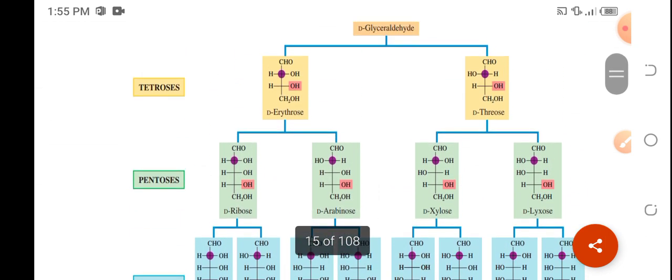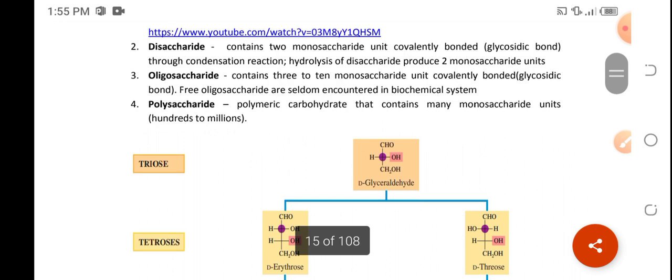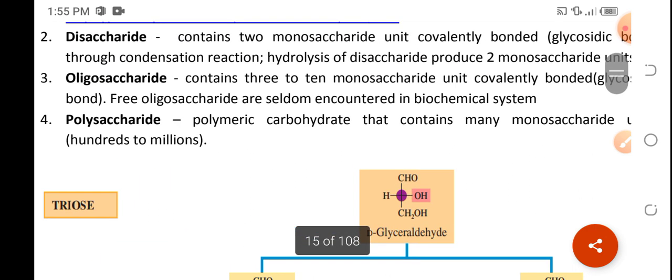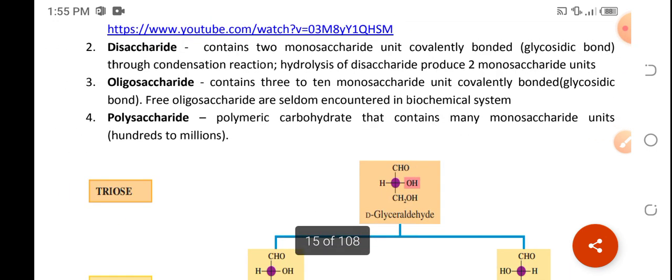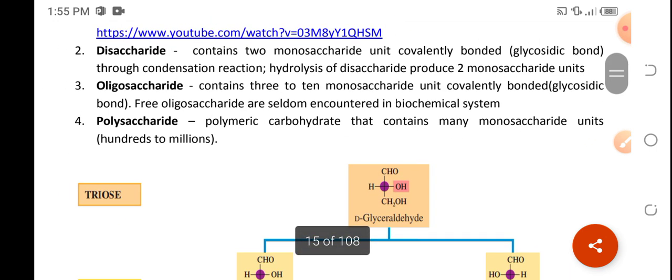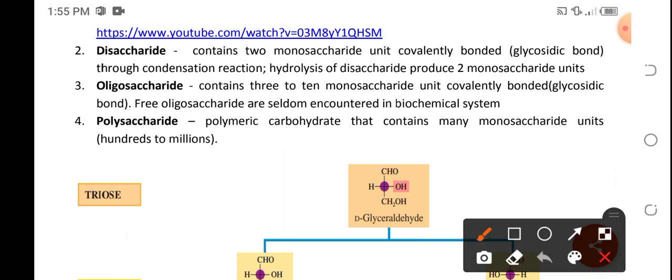We have to go back to the next classification. We have disaccharides. When we say disaccharides, this time there would be two monosaccharide units. So pagsasama-samahin na natin, if there are two monosaccharide, then therefore that would be classified as disaccharides. Okay? Paano sila nagkakaroon?